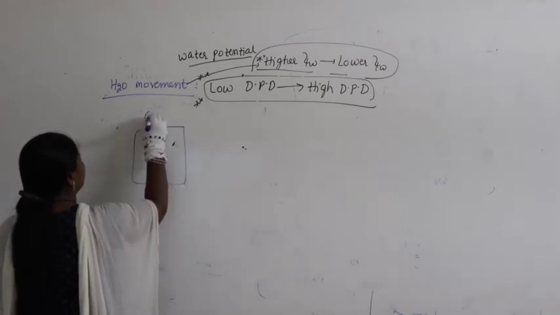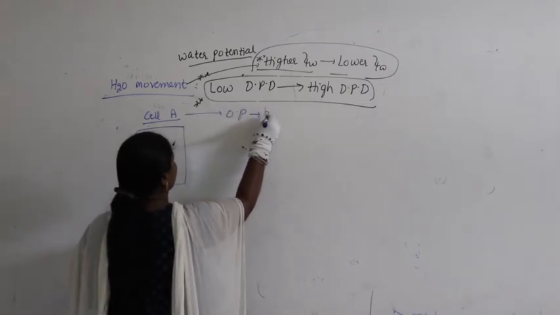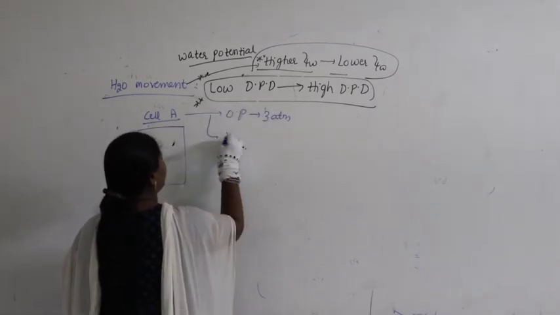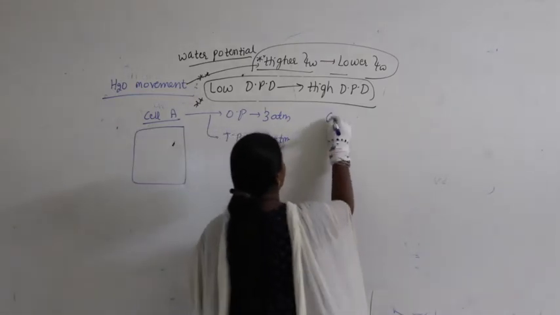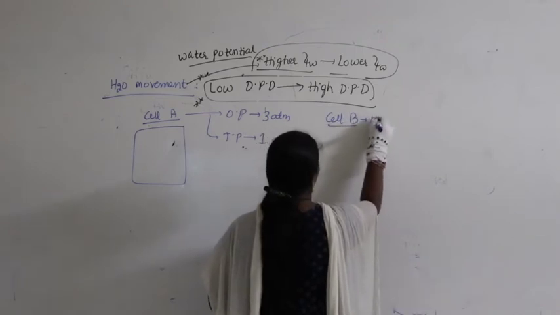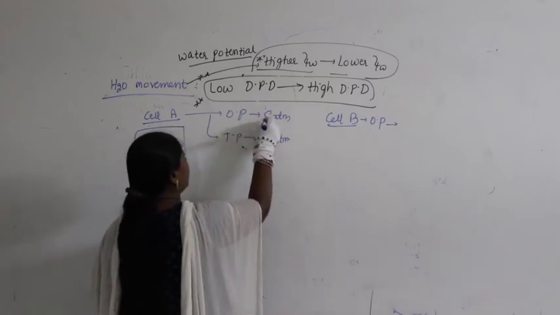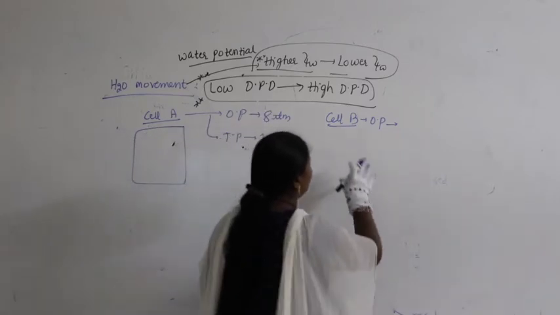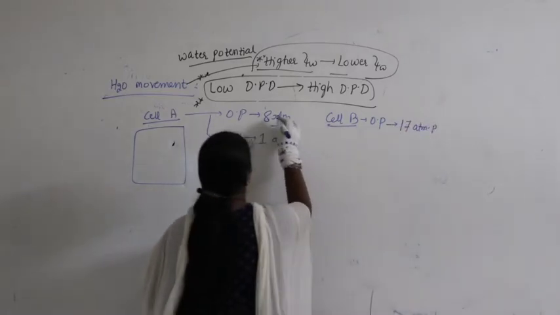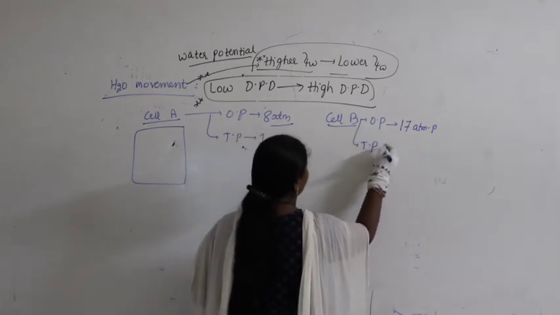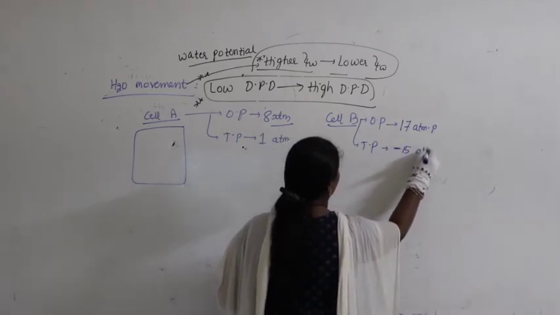For cell A, they have given some OP value as 3 atmosphere and TP value as 1 atmosphere, and they have given for cell B the OP value as 4. Let us take a bigger value, 8 and 1, and here the OP value is something like 17 atmospheric pressure. Here also atmospheric pressure. The TP value is given as something like minus 15 atmospheric pressure.